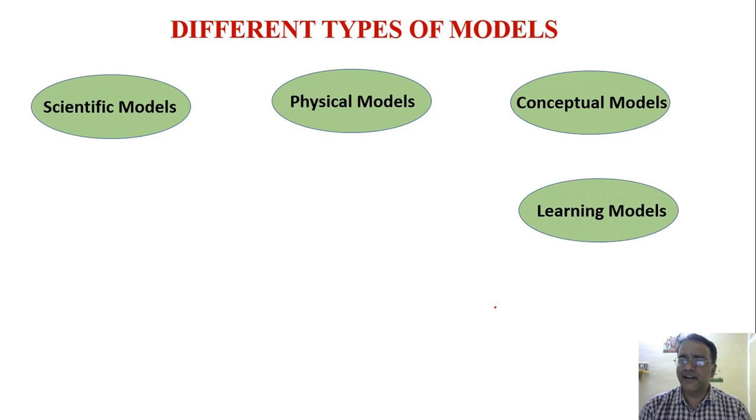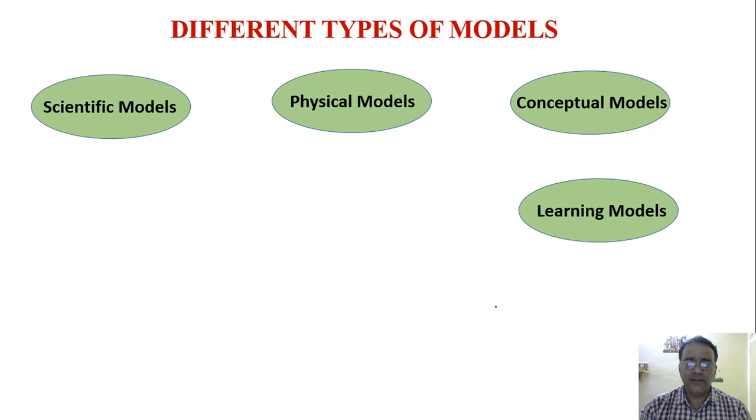Now, next is learning models. Learning models are any framework that defines the mechanism of learning. Basically, a learning model is any form of learning new skills or information. These models are categorized and further divided into various learning styles that I will take up in the coming slides.